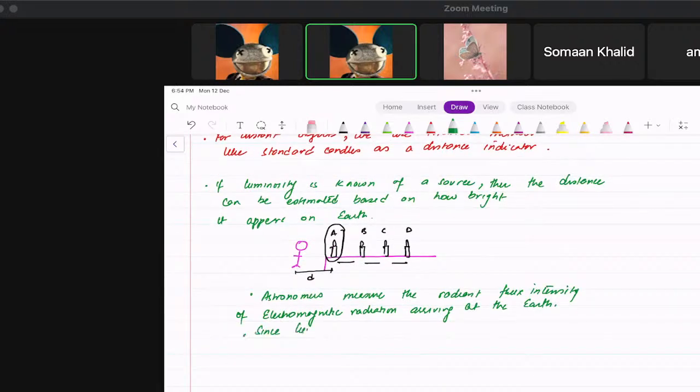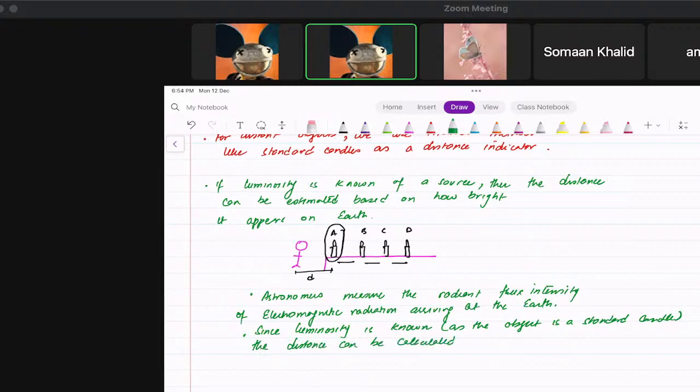Since luminosity is known, as the object is a standard candle, which is what we wrote initially, the distance can be calculated using the inverse square law.